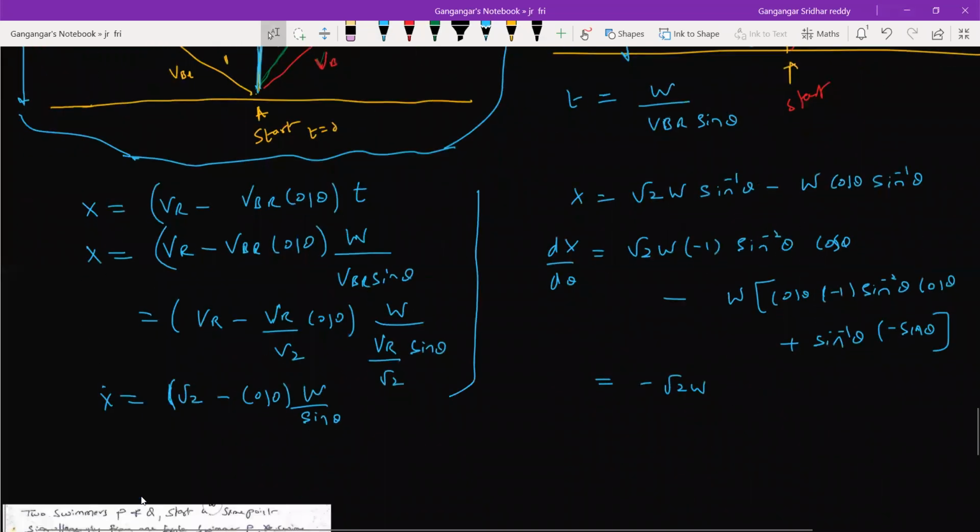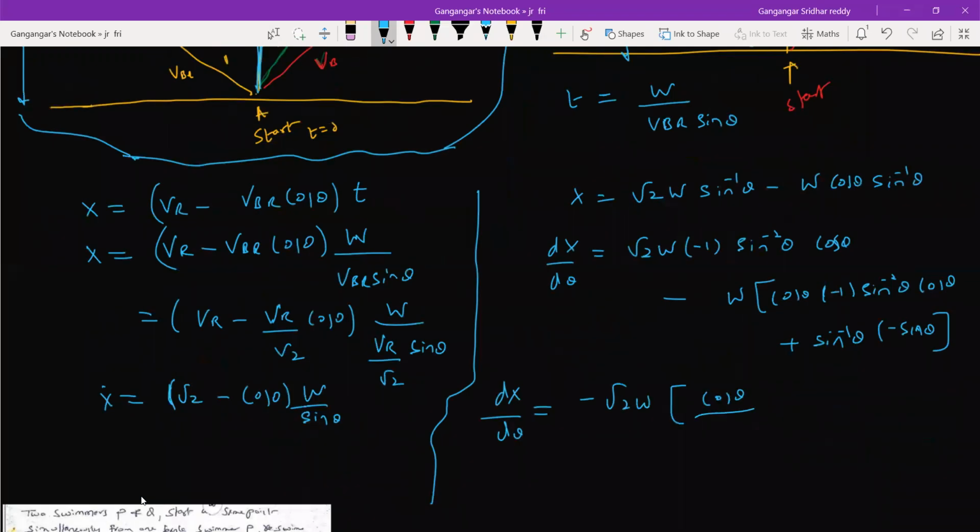You can use any other alternative method. Write it like this. So this will be minus root 2 w cos theta by sin square theta, or cosecant theta cot theta. Anything you can write. So this will be negative only.